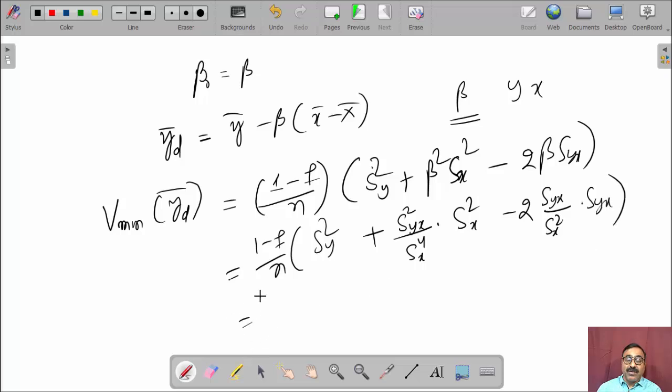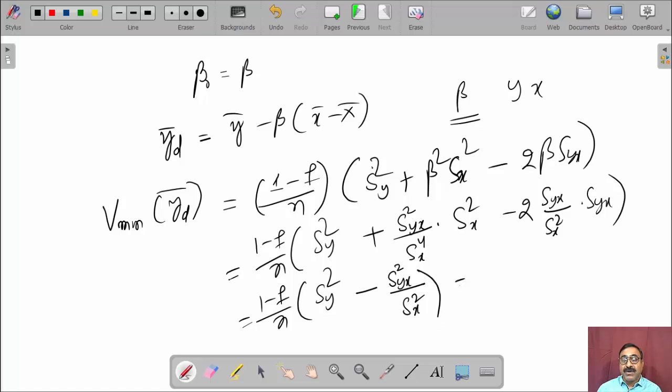So that is equal to (1 minus f) by n times sy square minus syx square by sx square.